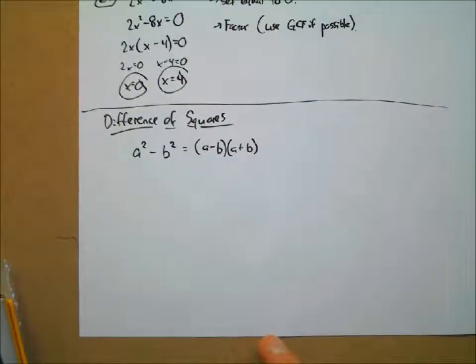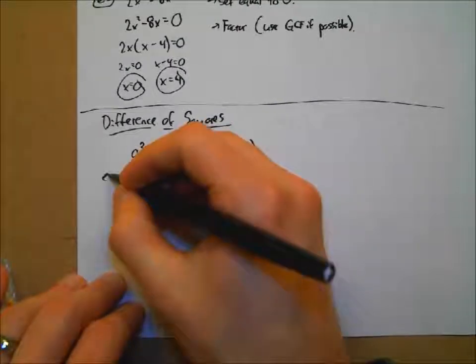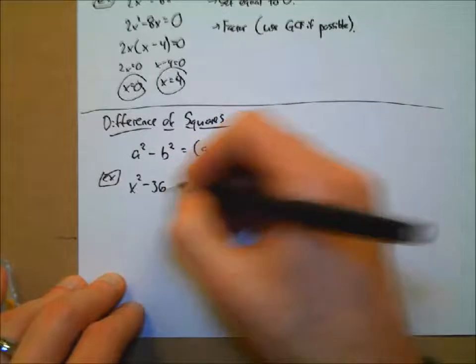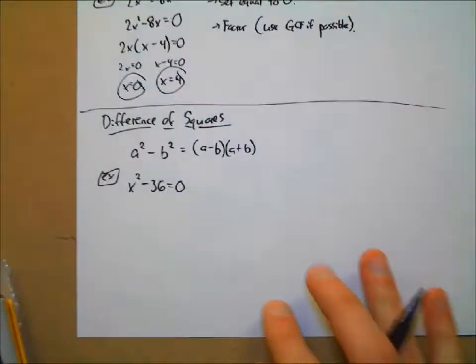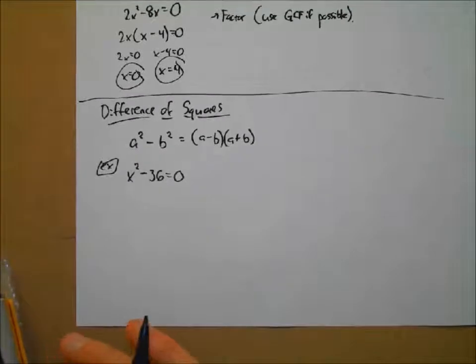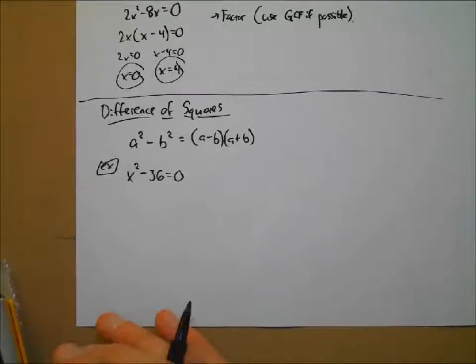All right, so let's do a quick example here. X squared minus 36. Okay. How might we go about solving this equation? Okay, right. This is a difference of squares, right?